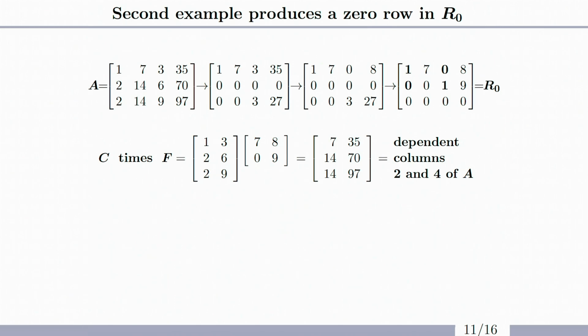And the third row improved too, because I took 2 of the first row away from the third row, and that gave me a 0, 0 at the start, and then a 327. So are we okay that we're at the second matrix now? It's not finished. It's not in its R form, its echelon form, but it's a lot closer.